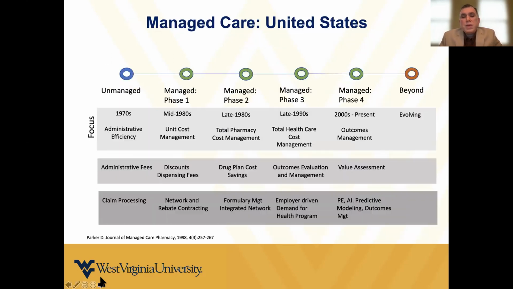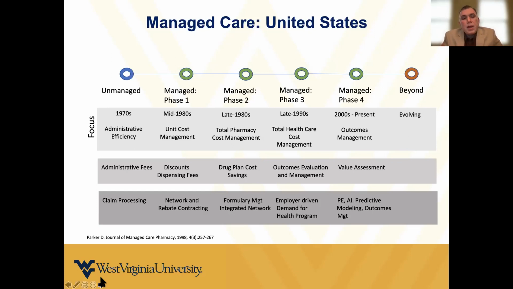Next slide, please. And so in this slide, this is more US-centric. This presents basically a transition of managed care in the United States, again, from the 70s to present time. And as you can see, in the focus area, or the first row, in the 70s, the focus was clearly on administrative efficiency.